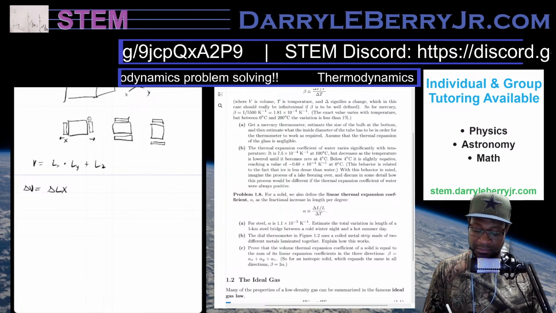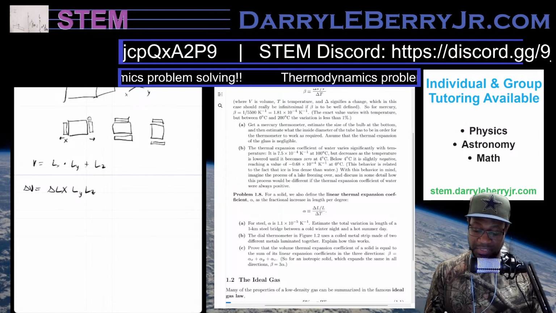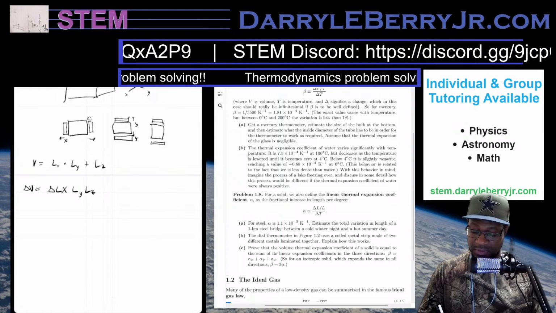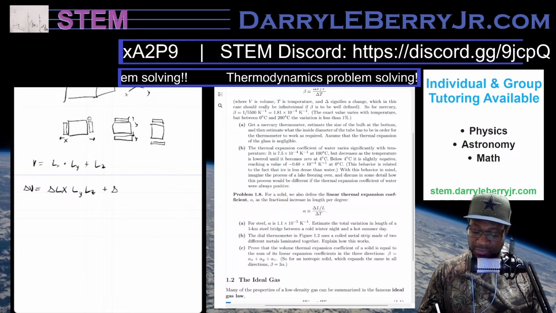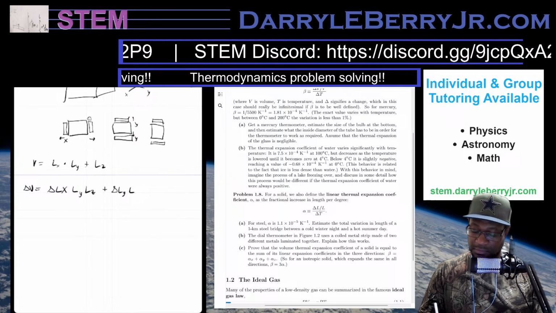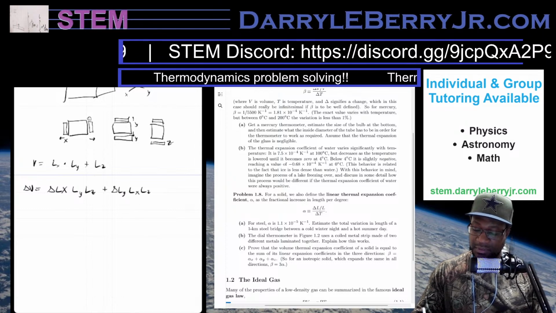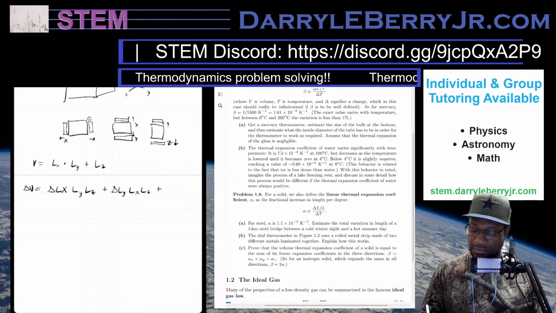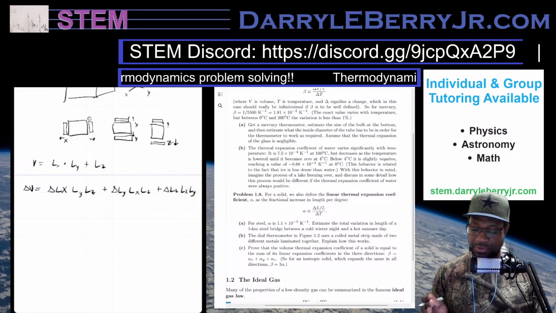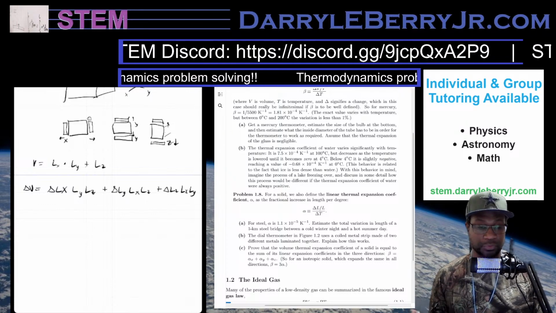But that change will also be along the y direction and the z direction. That's only for the x expansion. And this was y, so it'll change a bit, so plus the change in y. And this was z, it'll change a little bit in that direction along the full area. So this expansion will go out along the whole 2-dimensional shape.